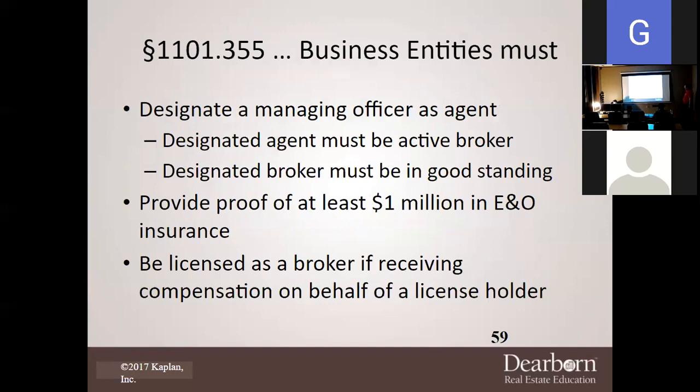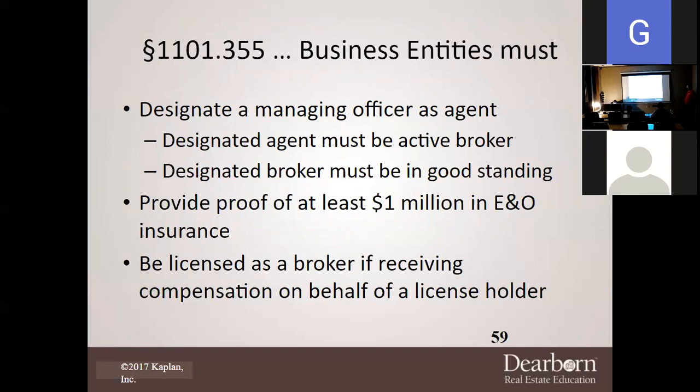Business entities must designate a managing officer as the agent. So just like here at Nobles Realty, it is a business entity, but I am the managing officer, okay? And to be a managing officer, the designated agent must be a broker, which is myself, and you must be in good standing.